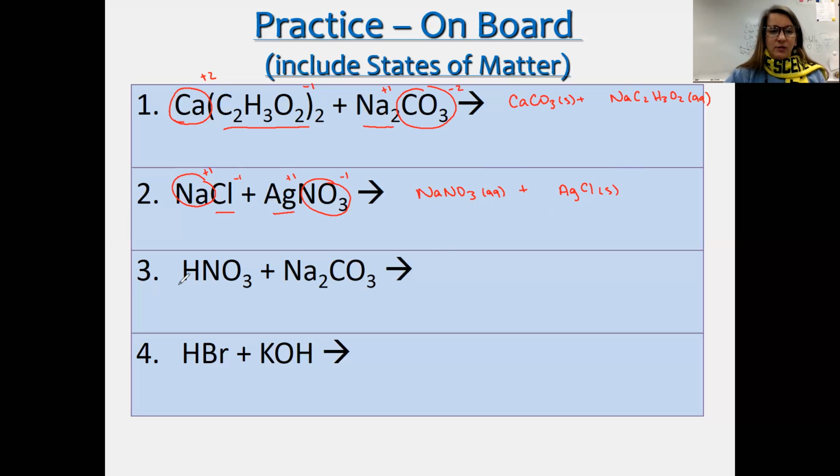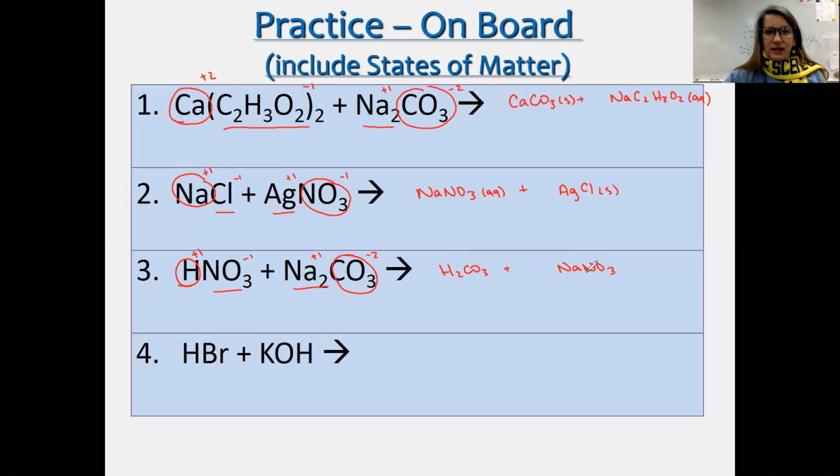Then here we've got our cations or our outside ions, and then our inside ions. Now remember, hydrogen here is going to be +1 because it's in group 1. Nitrate is -1. Sodium is +1. Carbonate is -2. So we have H2CO3, and then we have NaNO3.